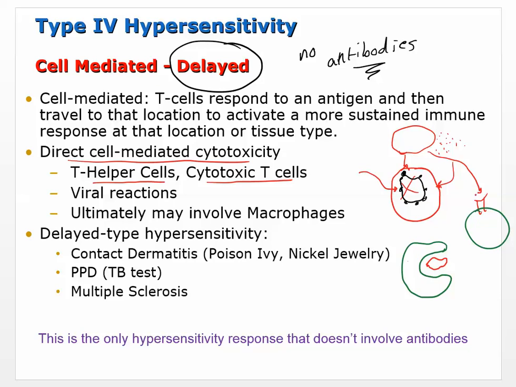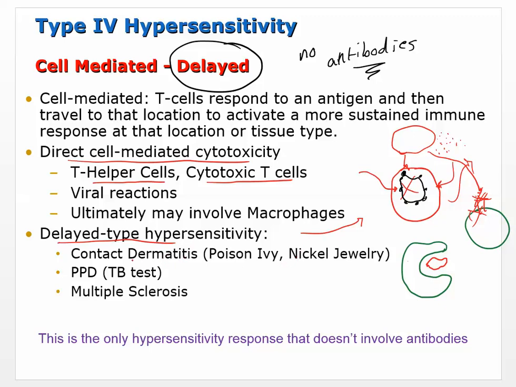But if this T cell does respond, then it's going to trigger more of a response. Okay, it's delayed because it takes a long time for all of this stuff to happen. It takes a long time for a T cell to notice that it's there in the first place, and then once it does notice, it starts to generate this more active response.